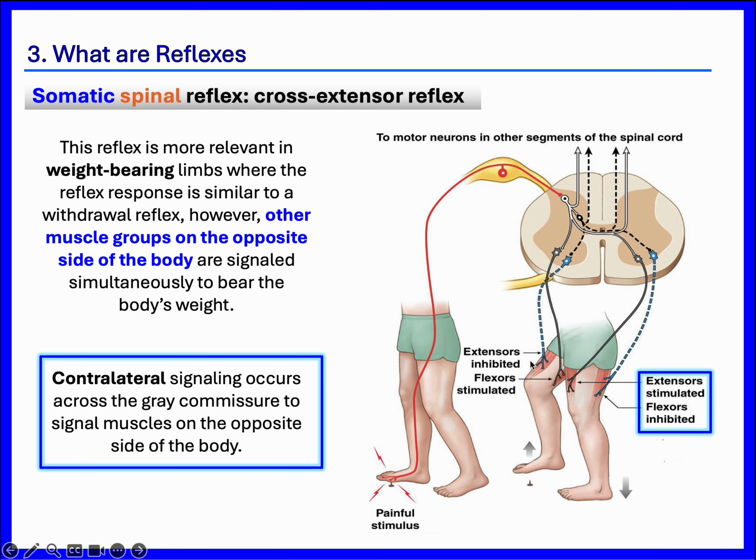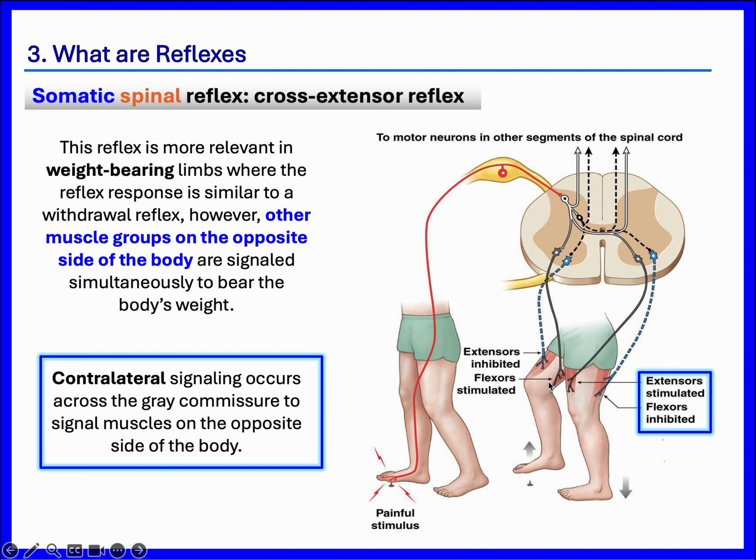So over here, you see the typical, we saw it in the previous one, the withdrawal reflex is over here, right? But on the other side, you actually want to position yourself so that you could bear the weight of lifting up this leg, right? So the other muscle groups on the opposite side of the body are going to be signaled simultaneously, and they're going to be told to do the opposite of what's happening on the painful side.